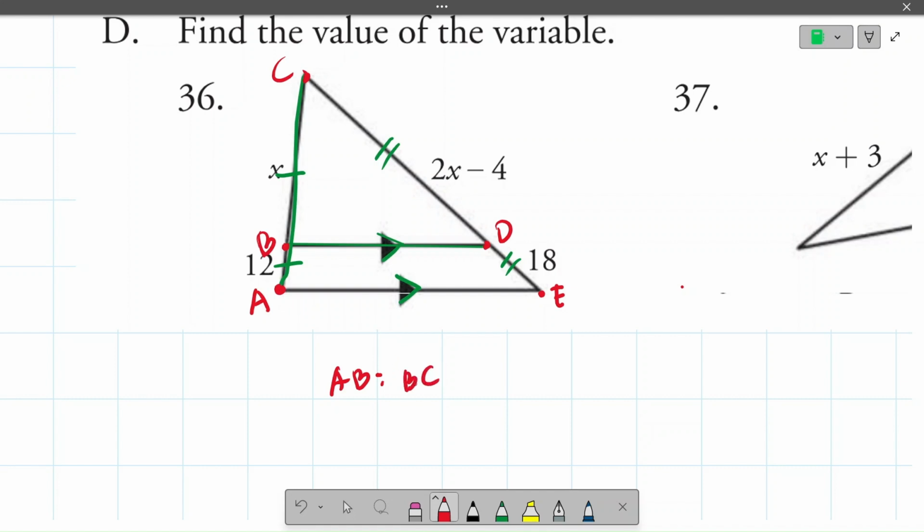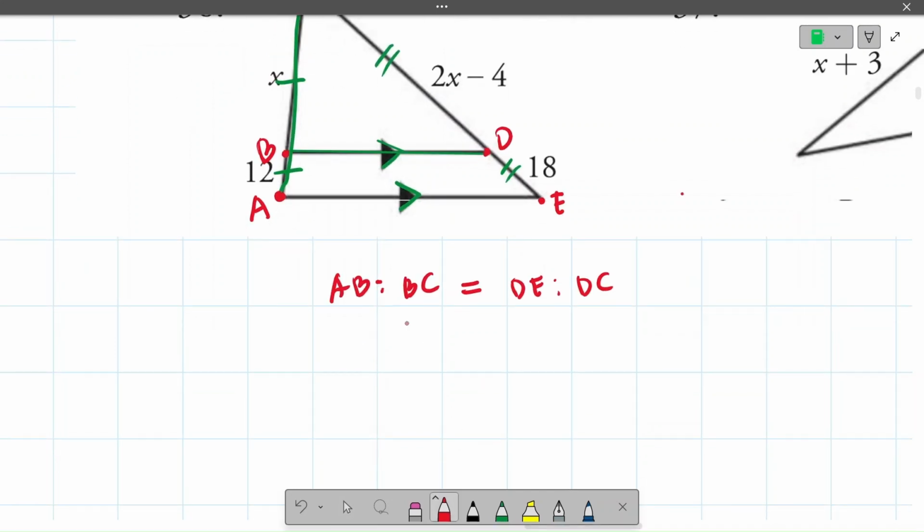Okay? And is proportional to side DE. Ito yun. Ratio siya into side DC. Ayan. So, as we always do, AB over BC, transform lang siya into fraction form, and DE over DC.